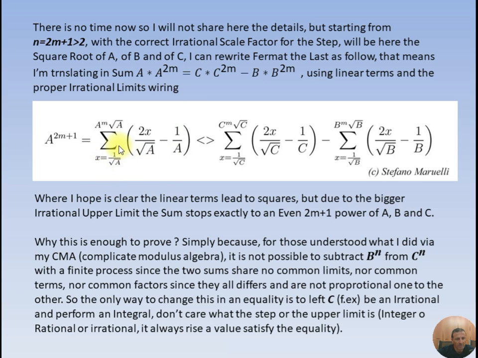For the irrational, the step is 2x divided by the square root of 2 minus 1 to this squared, that is a.